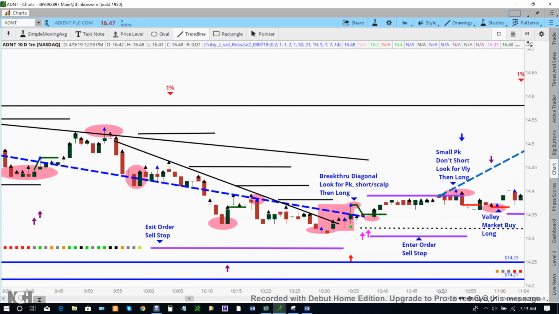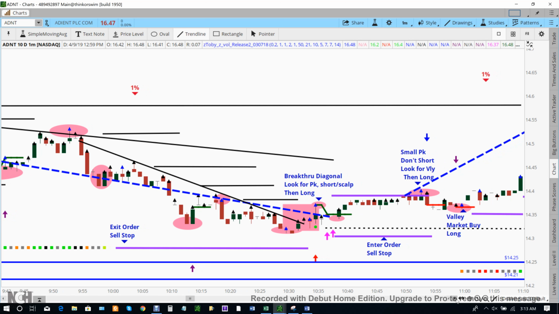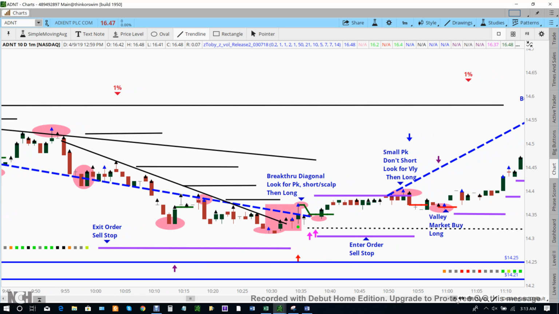and then we get some volume here. Now it's moving up. This is my sell stops, showing them going up.